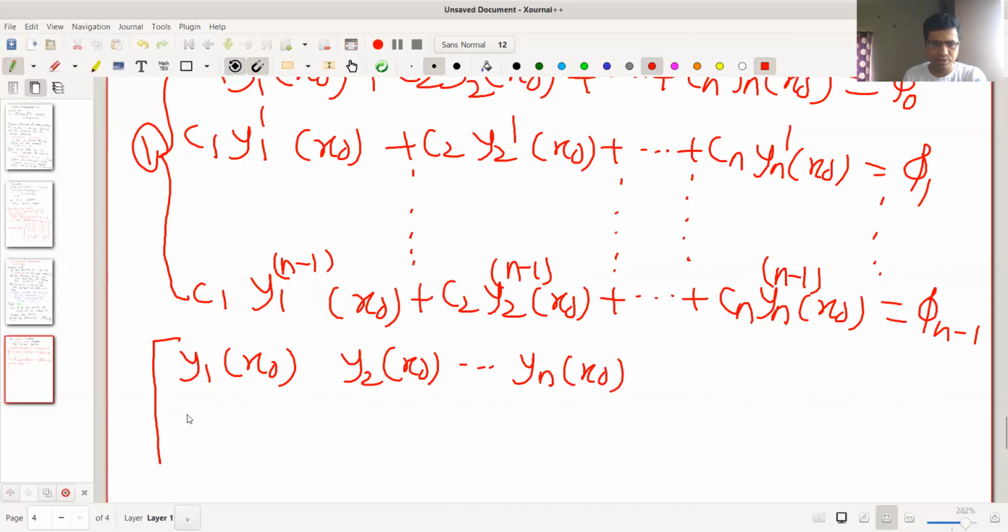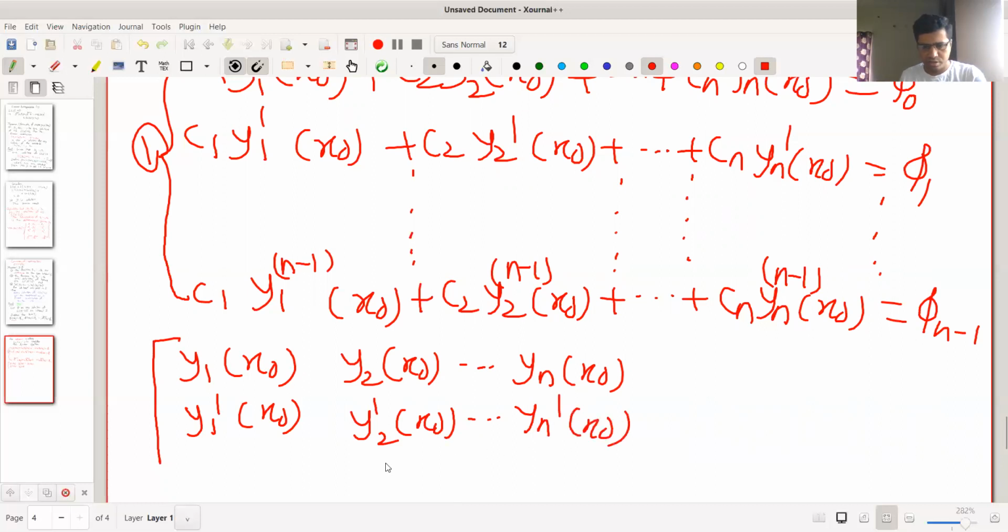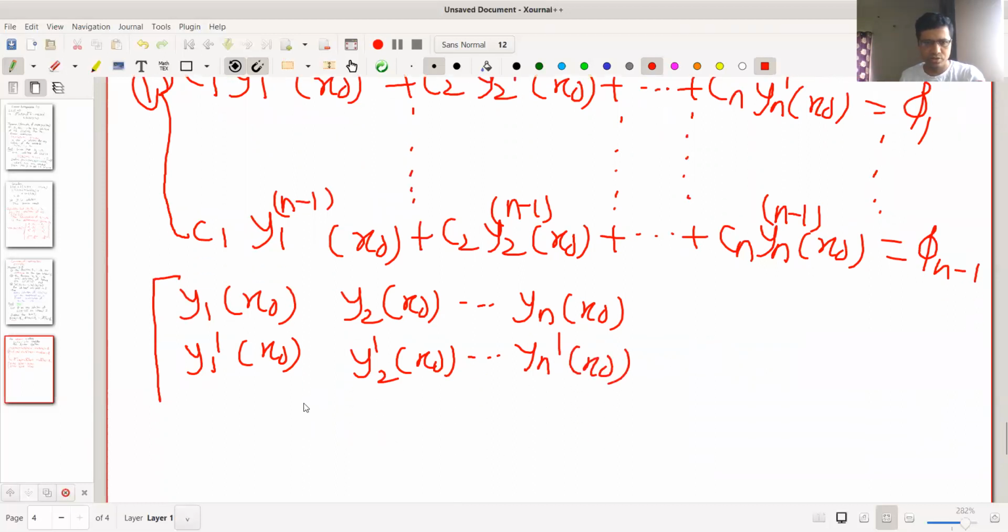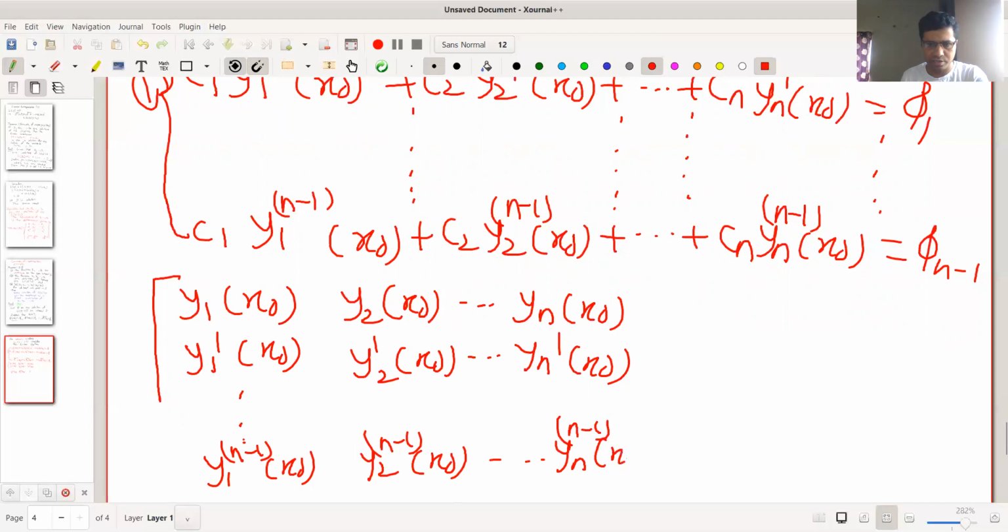Second row is the derivatives y1 dash x naught, y2 dash x naught and so on, yn dash x naught, and so on. The last row is y1 n minus 1 at x naught, y2 n minus 1 at x naught and so on, yn n minus 1 at x naught.